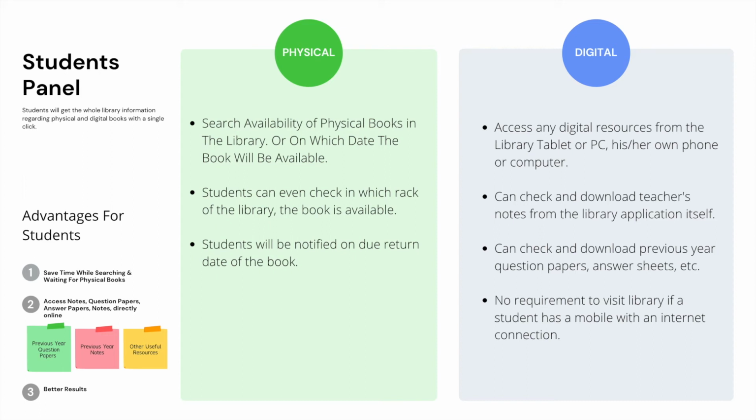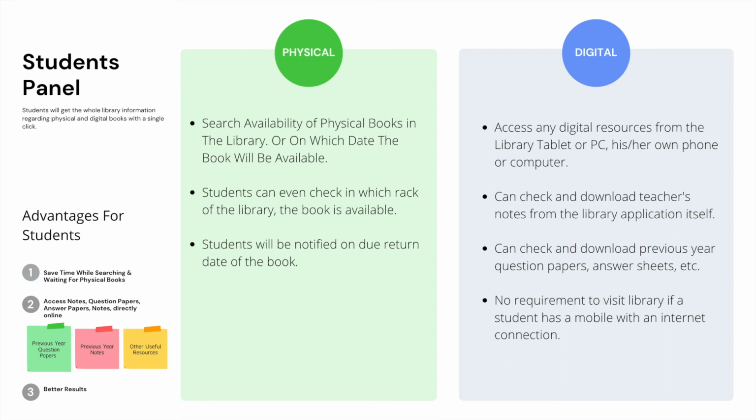The first thing they can do is search the availability of physical books in the library. If a student is searching for a particular book and that book is not available, they can even see when the student who is using the book right now will be returning it, and on that due date the student can again apply or ask the librarian to lend them the particular book.